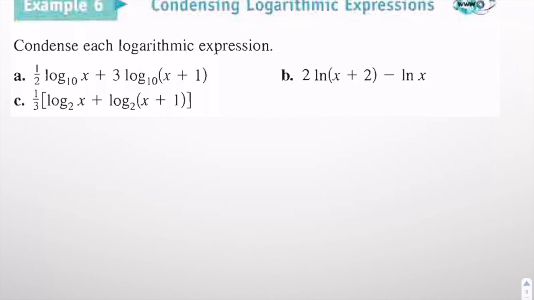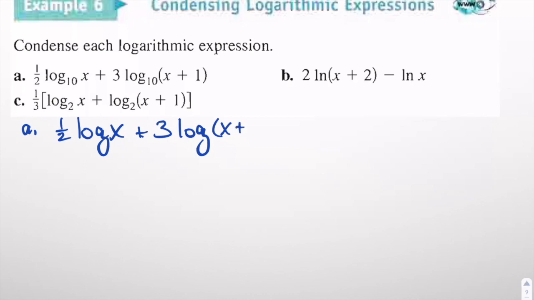So just like we can expand logarithmic expressions, we can also rewrite them by condensing them. So that's what this example is about. And so let's just go ahead and do these in front of you. So this says for A, I have 1/2 log of x plus 3 log of the quantity x plus 1. Well, I'm going to go ahead and use that power rule first.